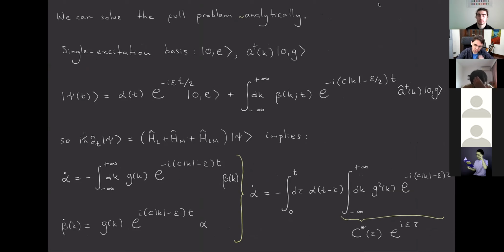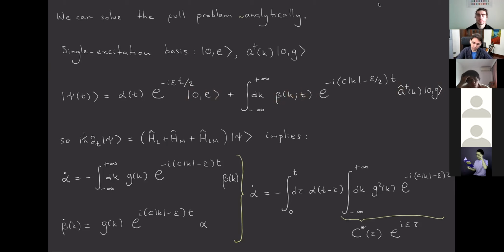So for that situation, because you have a single excitation in the system, you can write the state as a superposition of the excitation being in the atom or the excitation being in the field, okay? And in particular, with an amplitude beta that depends on the wave vector. So this is the probability amplitude for the photon to be at wave vector mode k at time t, okay?